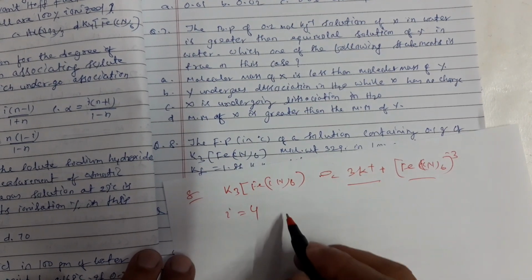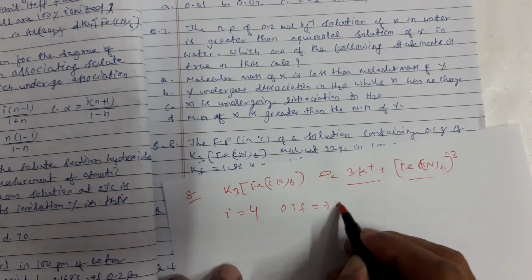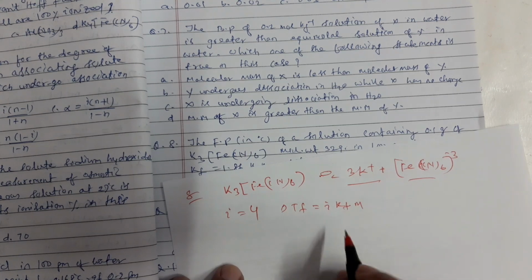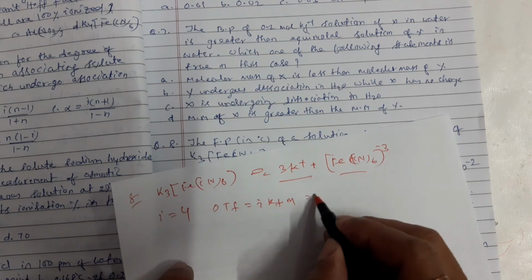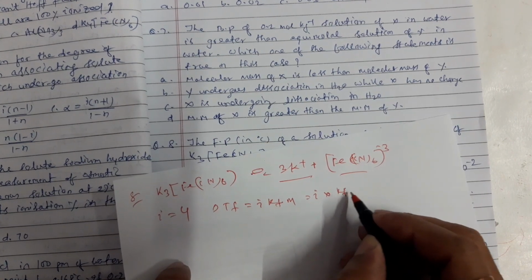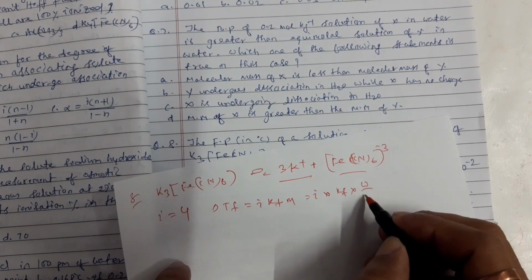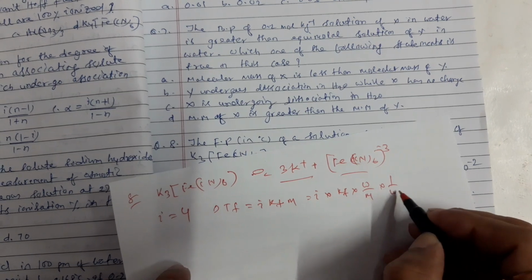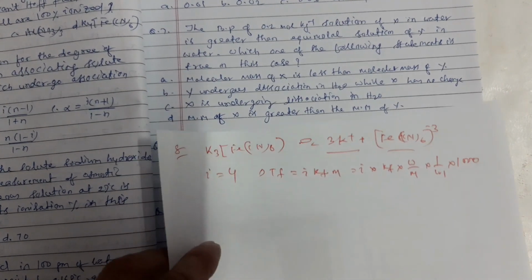So delta Tf is equal to i Kf and molality. So i multiplied by Kf multiplied by m, which is w2 by M into 1 by W1 into 1000.